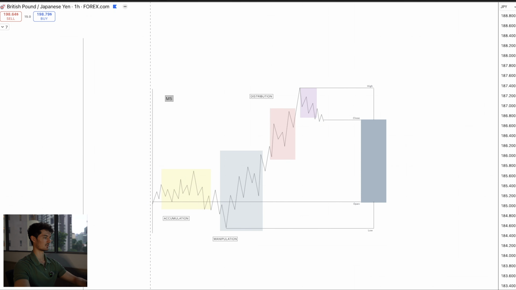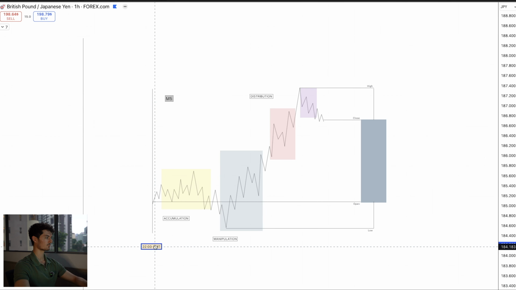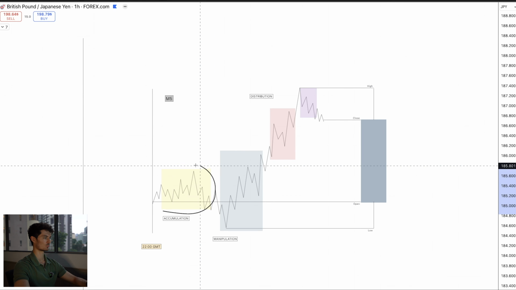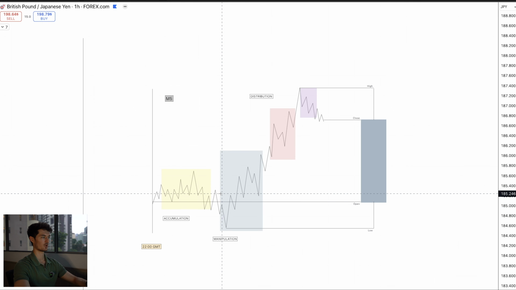The opening price is where the new daily candle starts to open, which is 10 p.m. GMT. Here, opening price. Usually what you'll find is the Asia session, which is the yellow box here, is the accumulation phase. This is where price will engineer liquidity ahead of the purpose for Frankfurt and London to come in and manipulate price to the upside or downside.